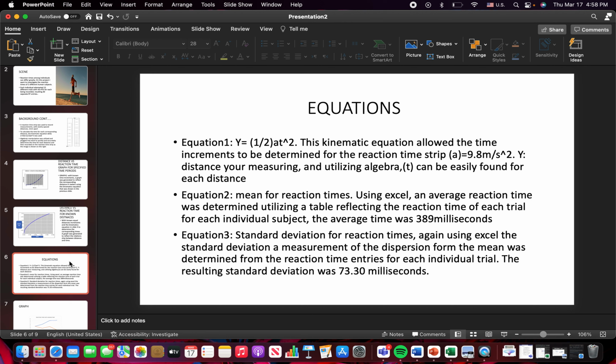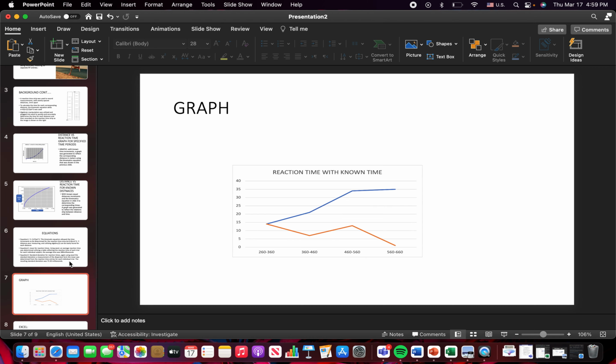And for the standard deviation of reaction times, again using Excel, we got a measurement of the dispersion from the mean, determined from the reaction time for each individual trial. That resulted in 73.30 milliseconds.